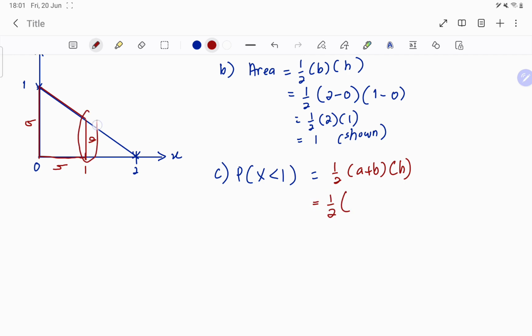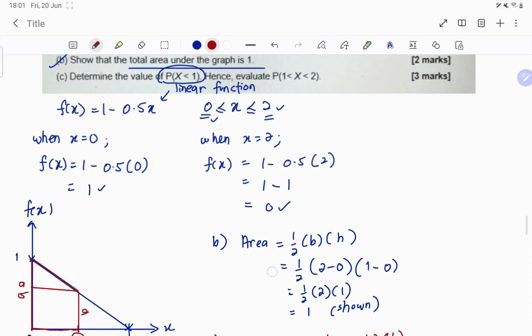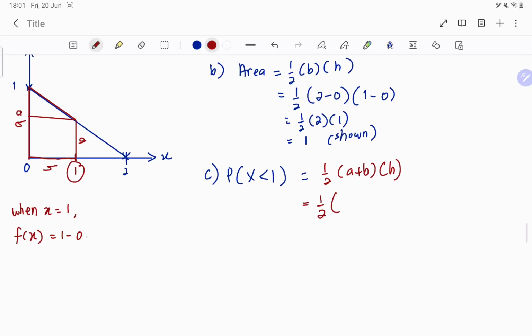For a, you need the height here, so find the value of f(x) at x = 1. Substitute 1 inside f(x) = 1 - 0.5x, and you get 1 - 0.5, so the answer is 0.5. So a is 0.5, plus b.